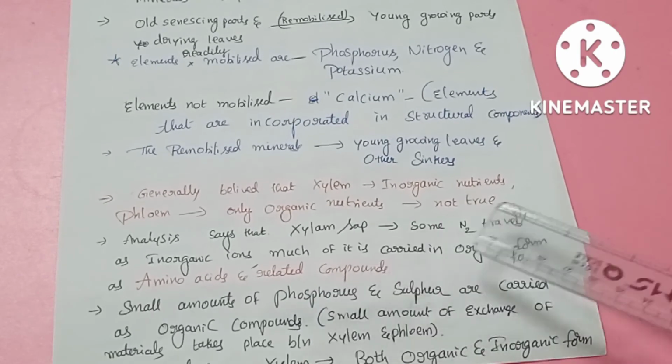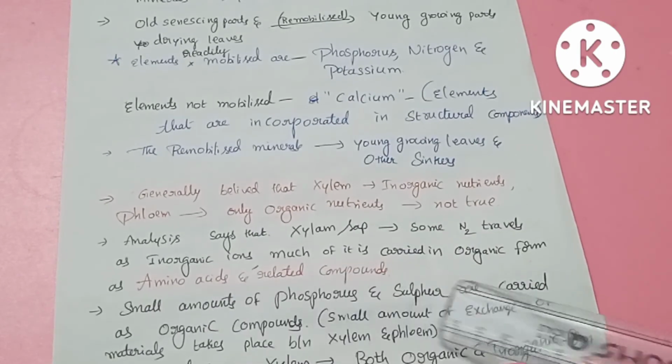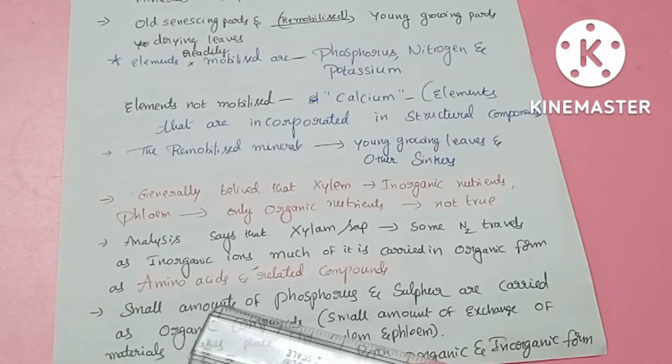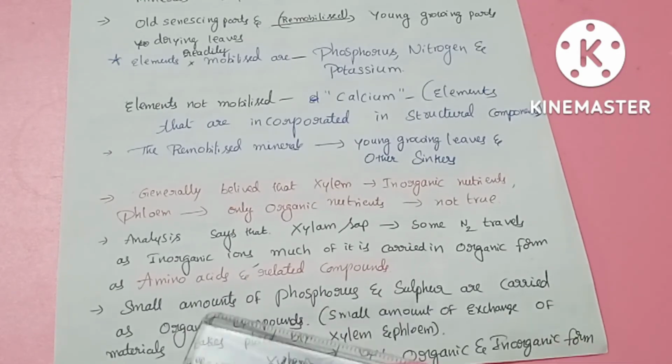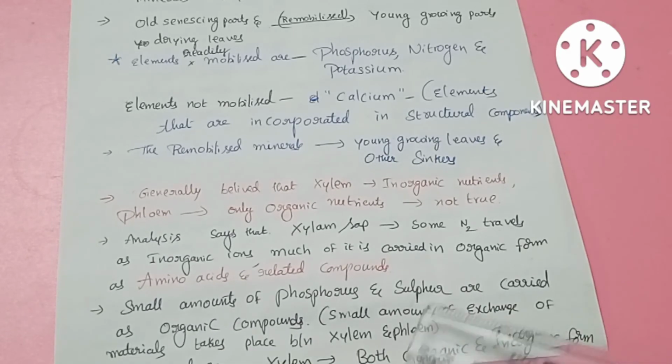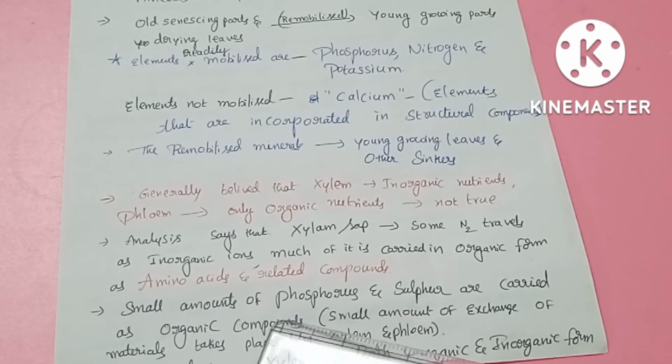That means not only the inorganic form, but also the organic form of nitrogen travels, in the form of amino acids and other related compounds. Not only that, some small amounts of phosphorus and sulfur are also carried in organic form.